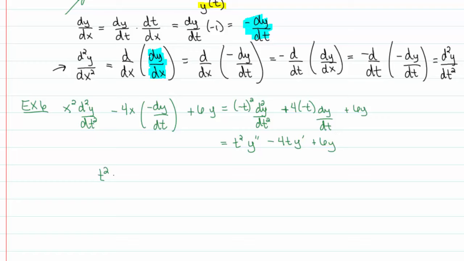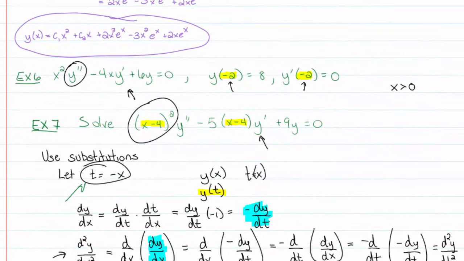So really, in this case, we'd be solving t squared y double prime minus 4t y prime plus 6y is equal to 0. And when you go to solve this differential equation, your initial conditions are no longer y of negative 2 is equal to 8. You have y of 2 is equal to 8, because the inputs become negative, those inputs. Same thing here.